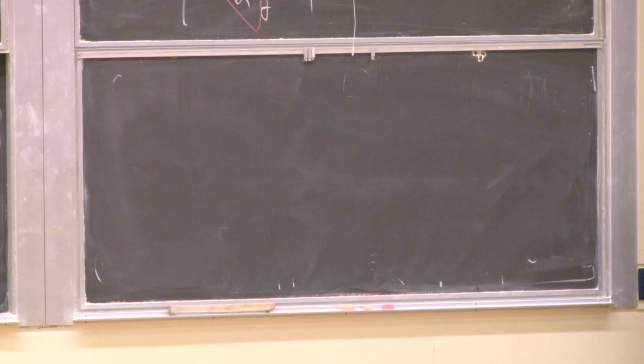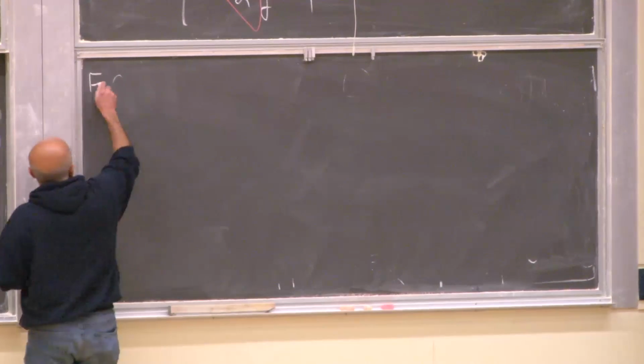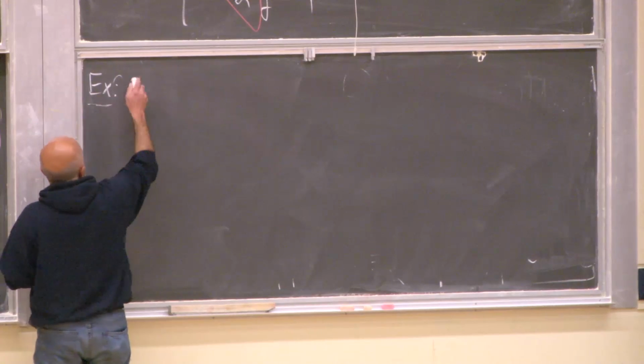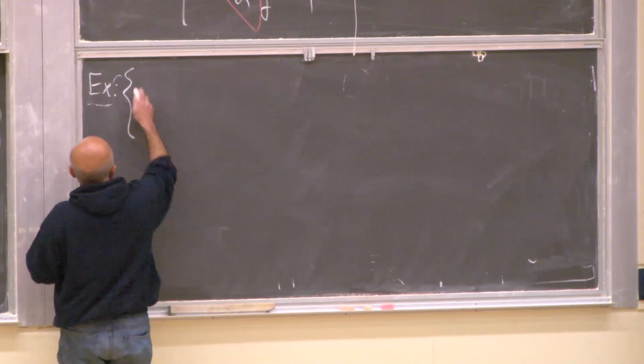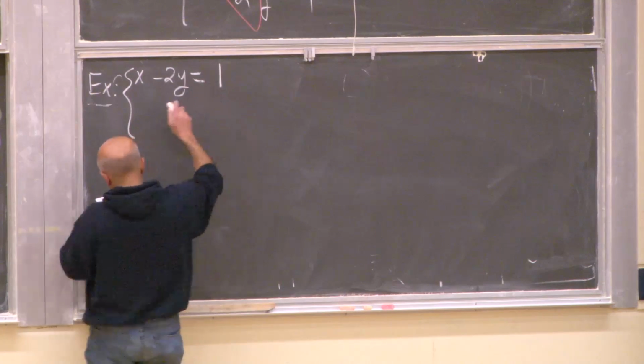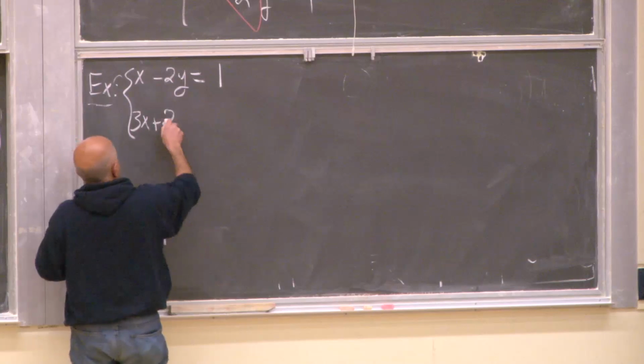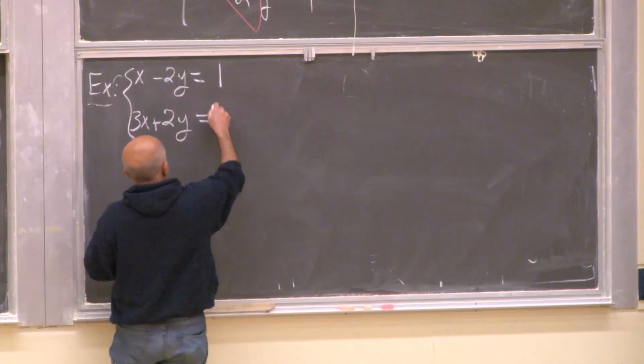So let's put all of those equations up here again. My unique solution case was what? x minus 2y equals 1, and 3x plus 2y equals 11.